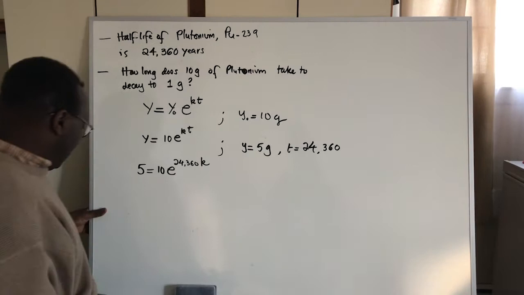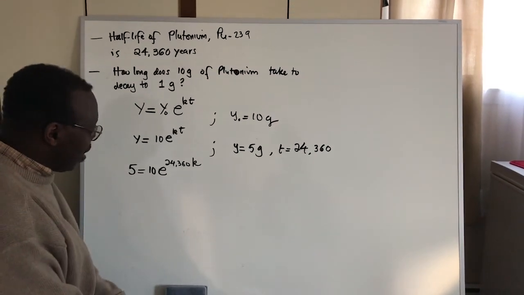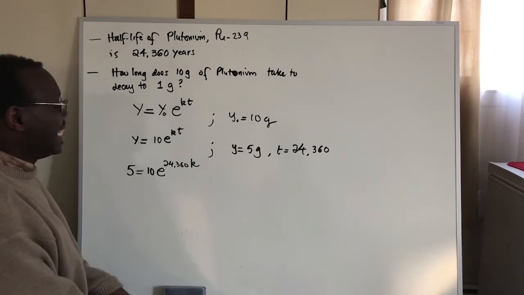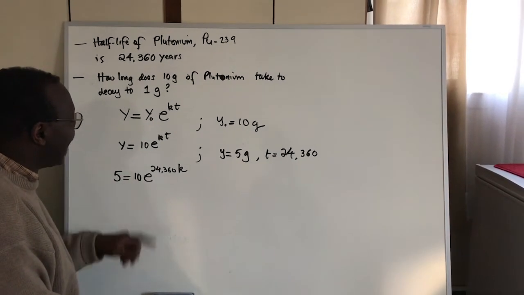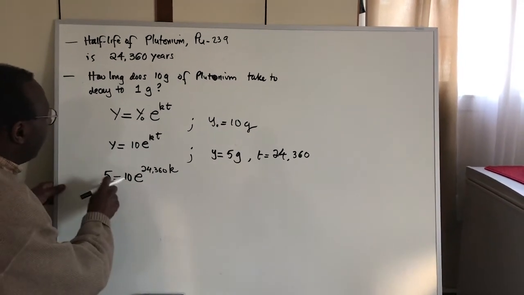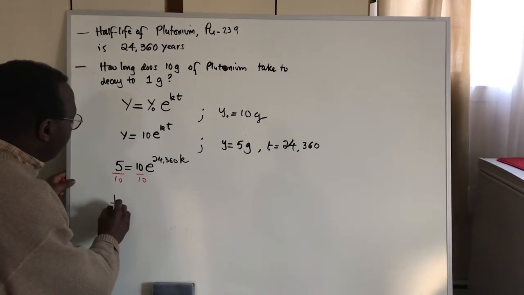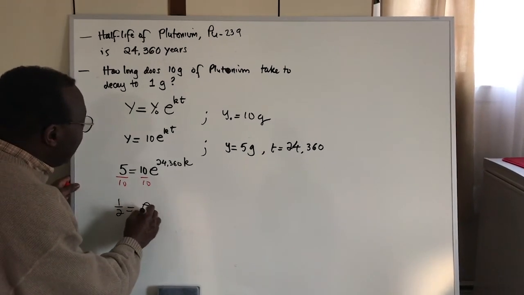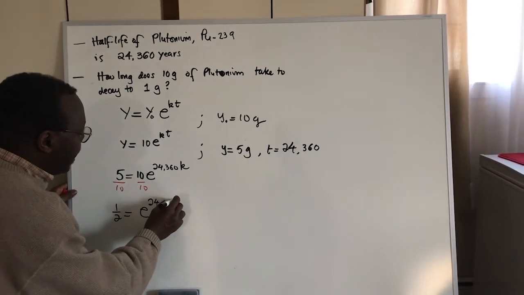As you can see, the only thing that we don't have is k. You'll be able to solve for k now. But before you solve for k, divide each side by 10 to get 1/2 is equal to e^(24,360k).